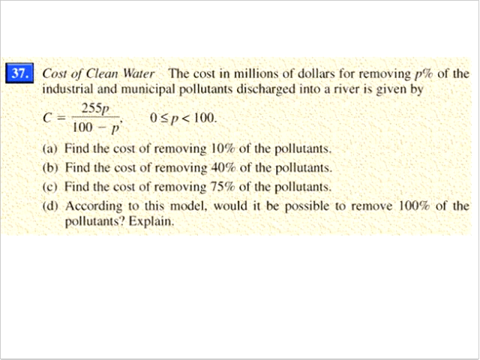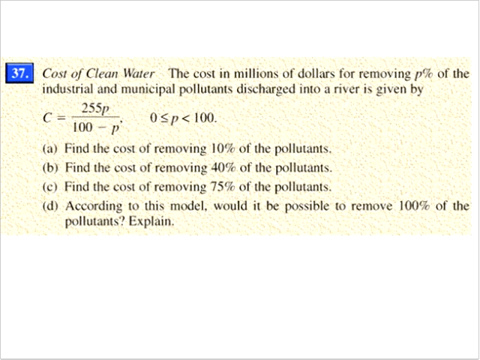All right, the last one, we have this problem here. The cost in millions of dollars for removing P% of the industrial and municipal pollutants discharged into a river is given by that cost function. So find the cost of removing 10%, 40%, and 75%.